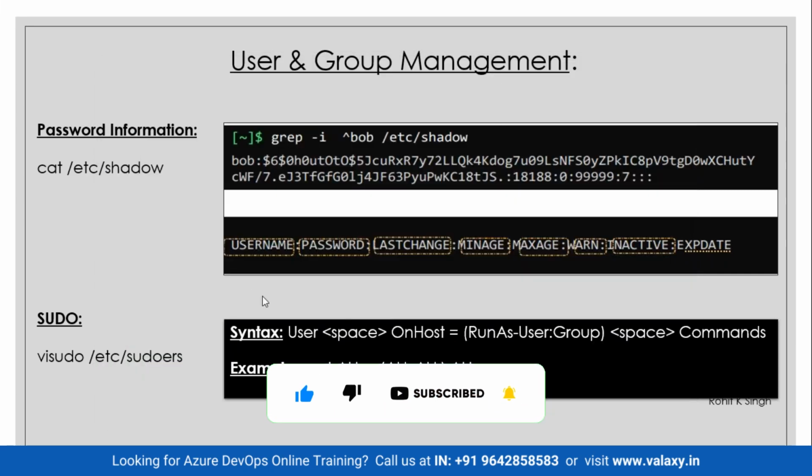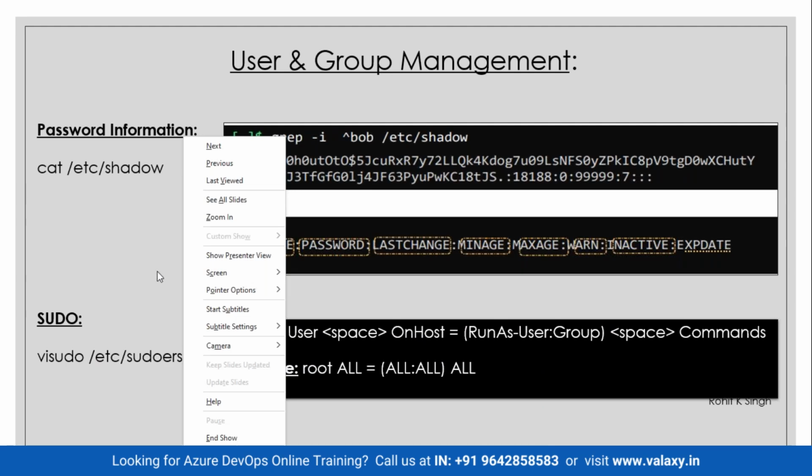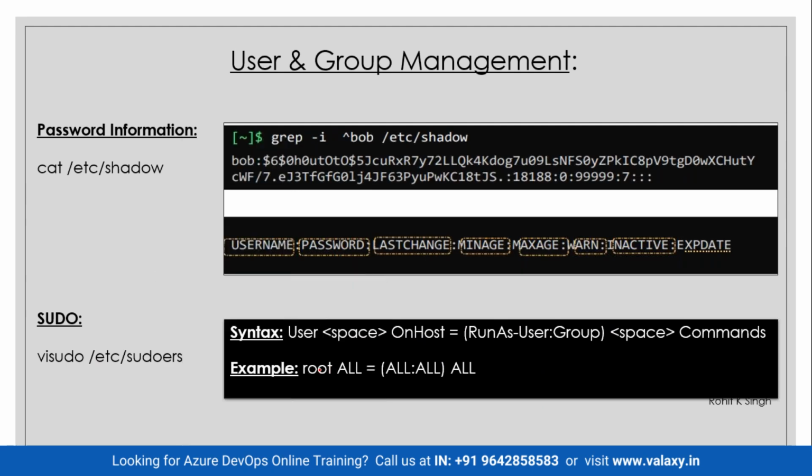This is how it will look. The first field is the user. Give a space, then the host, which host you want it on. If you see ALL, then if there are multiple hosts, he will be given root privileges on all the hosts.